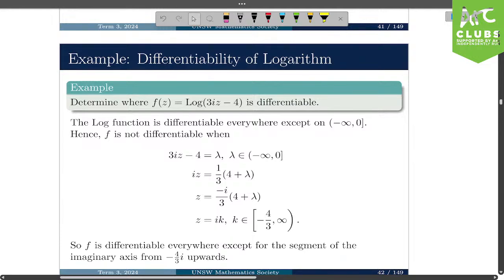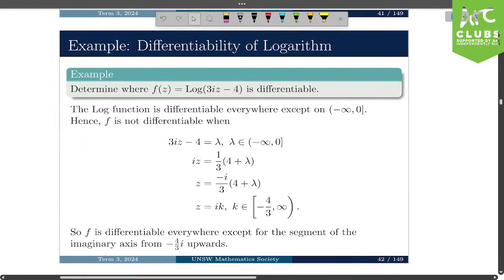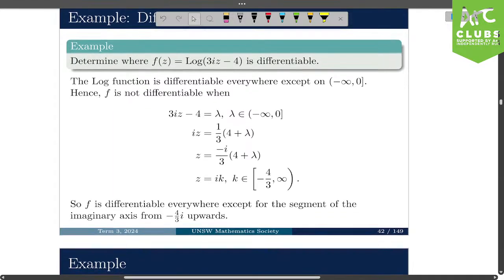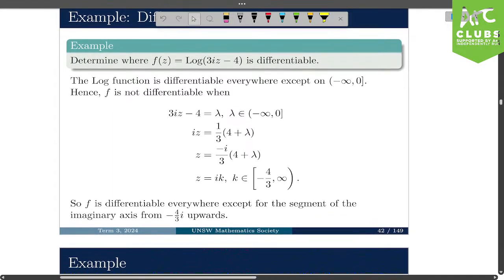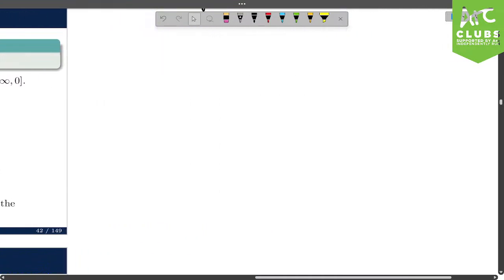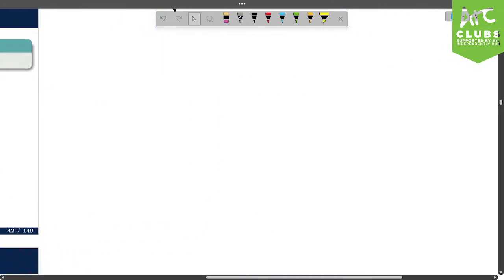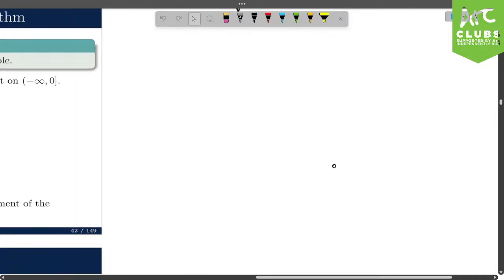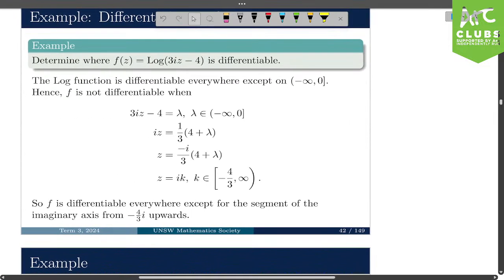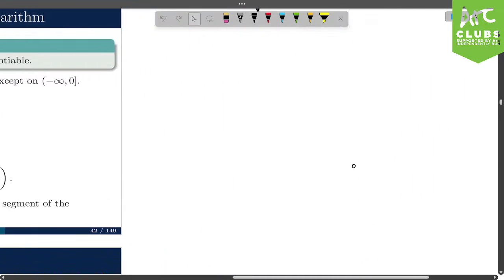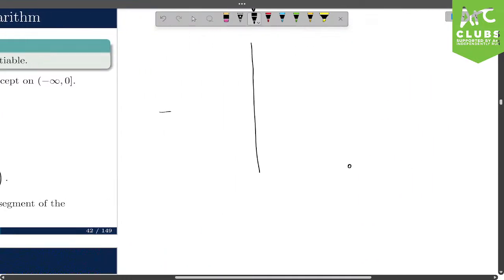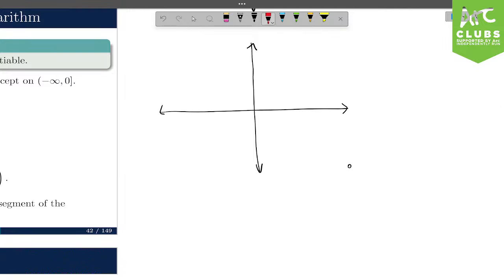Okay, now experimenting with the differentiability of the logarithm, right? We know that it's differentiable everywhere except on the branch cut, which is the ray that starts at the origin. So for the principal log, it's not differentiable along this negative real axis, right?